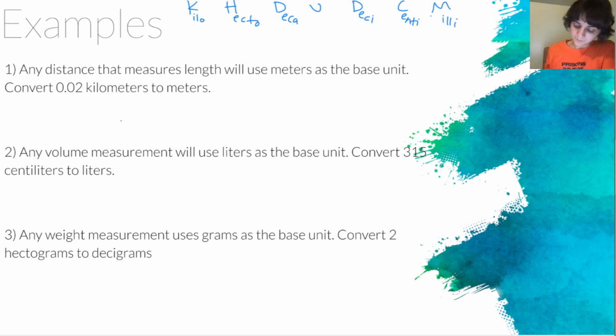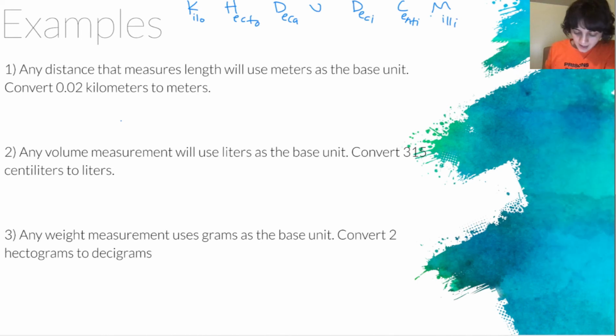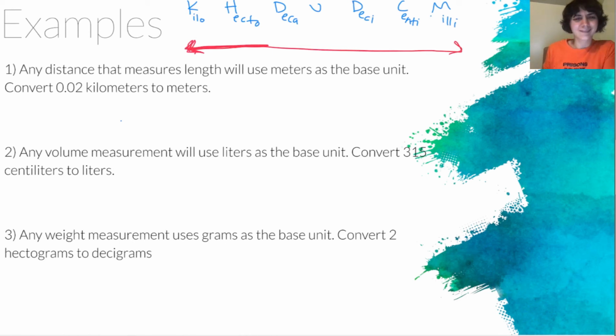Quick reminder. And then I'm also going to remind myself that as I move different ways on the graph, as I move left here, as my units get bigger, in order to convert between them, I will actually end up dividing by 10 for every unit.